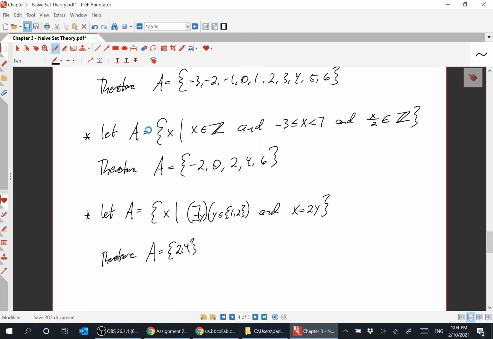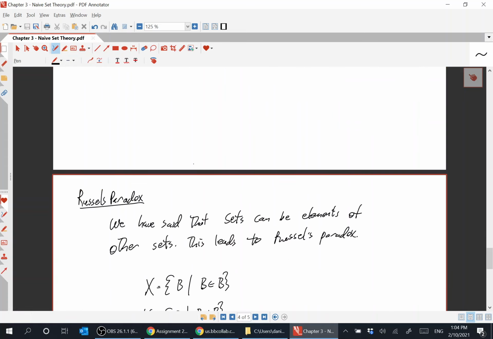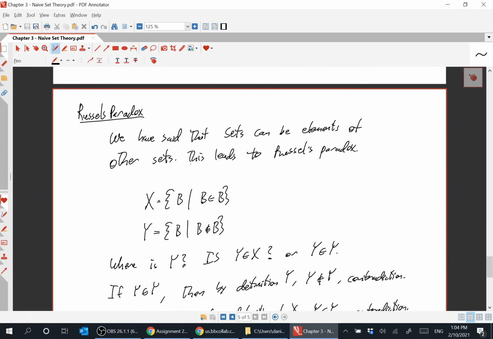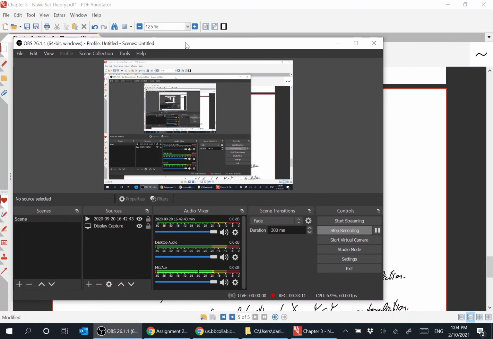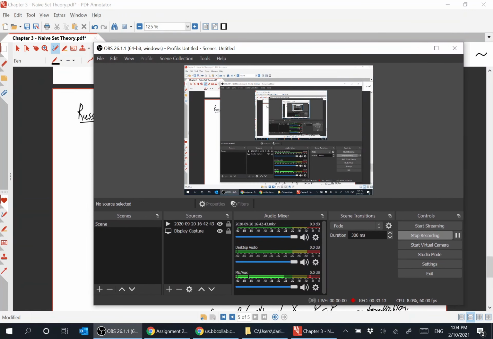So that was set builder notation, but like I was saying, with naive set theory you do get into trouble when you say sets can be elements of other sets, because then you run into the problem of a set being an element of itself. Kind of like this thing here on my OBS Studio.